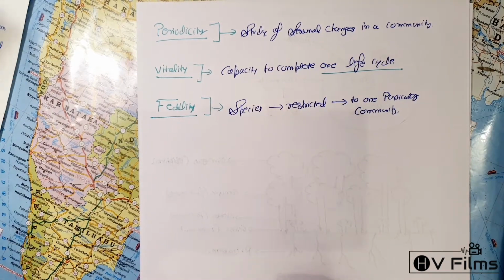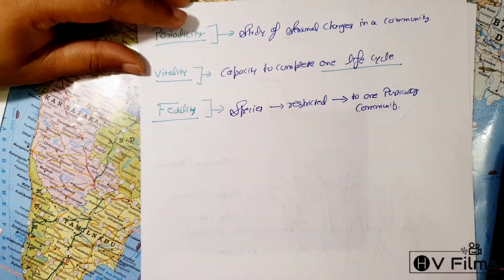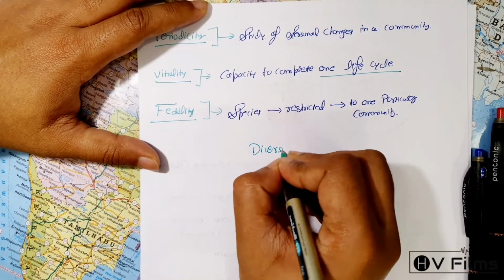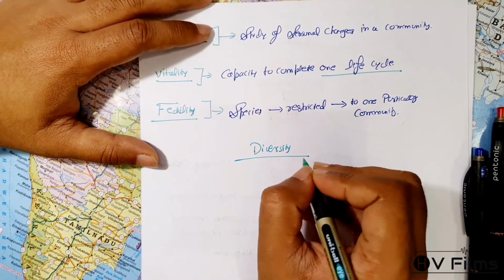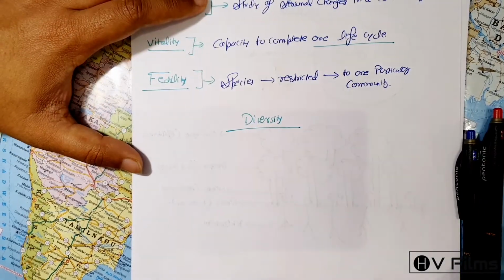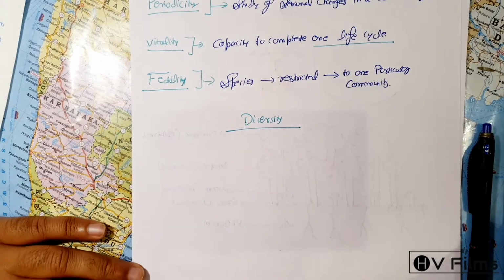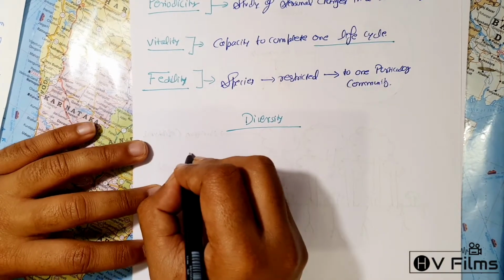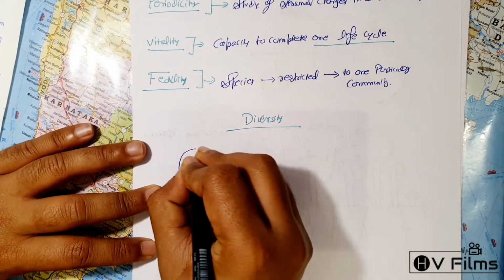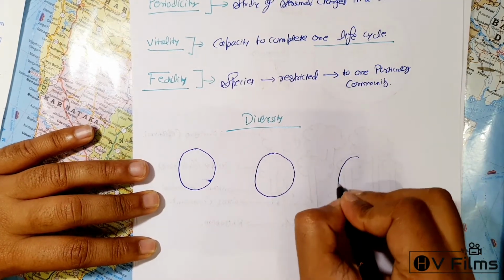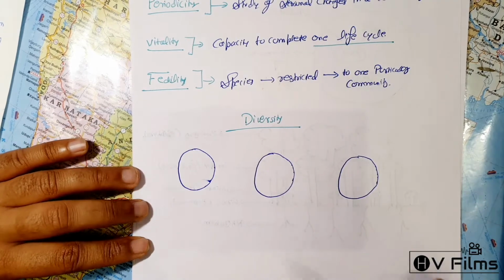Now, we will study about diversities. When we say diversity, there are three ways in which diversity can be defined. So suppose this is one ecosystem, this is a second, and this is a third one.